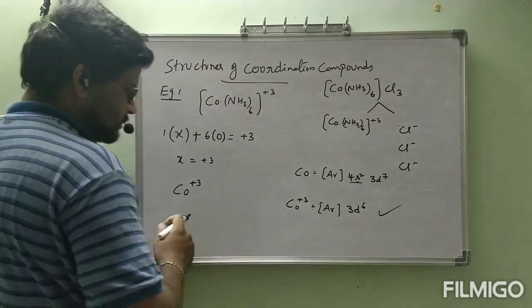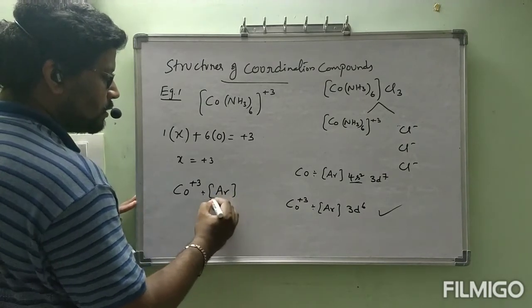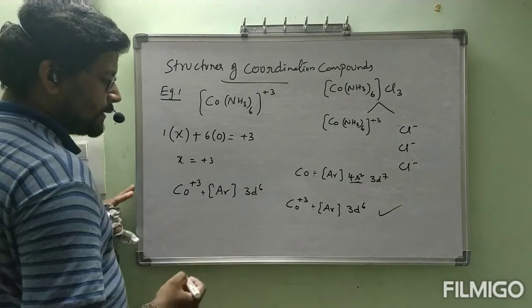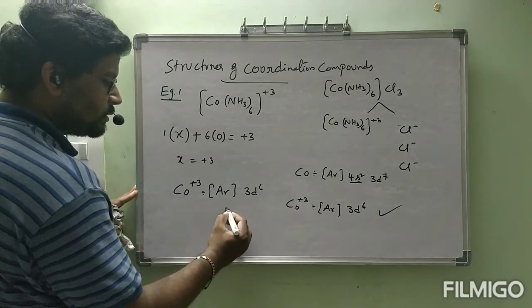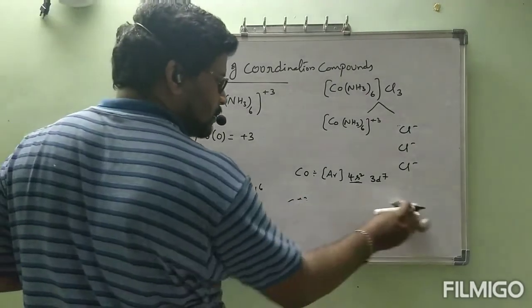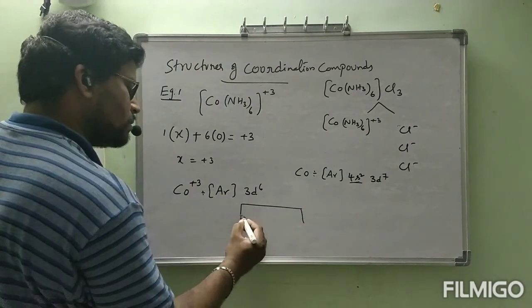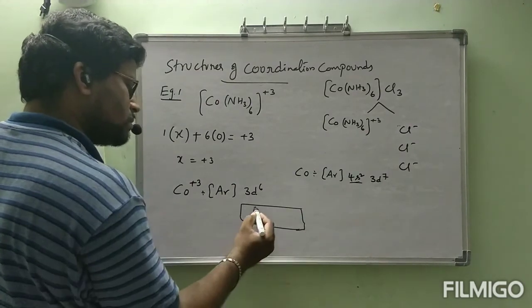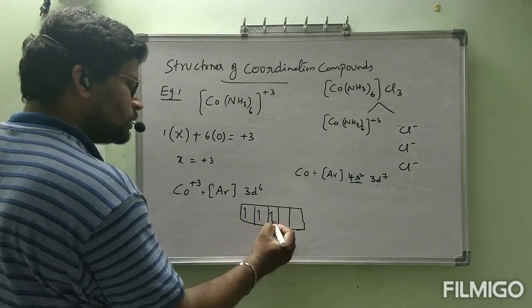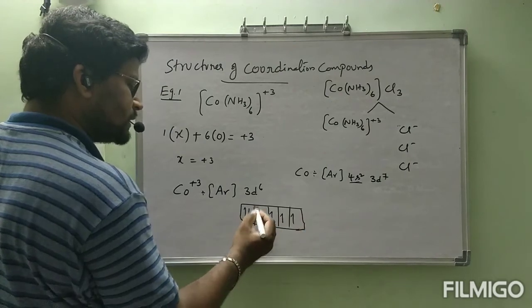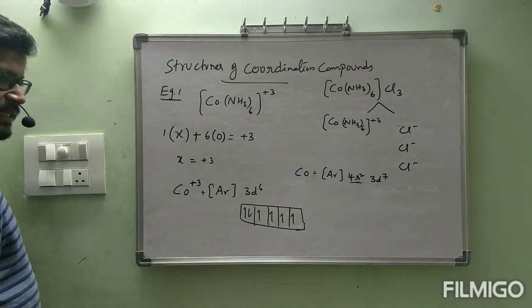Argon 3d6. That is 18 plus 6, 24. 3d6 means 1, 2, 3, 4, 5, 6 electrons.